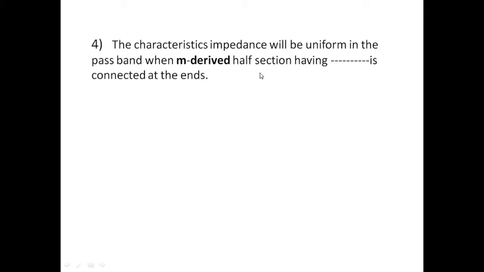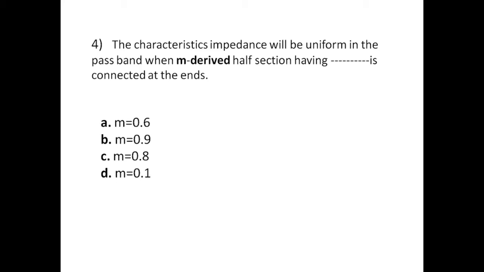For a low pass filter, first the inductor, then the capacitor and inductor arm will come. That's the half section. In that half section, what's the value of m? The options are m equal to 0.6, 0.9, 0.8, and 0.1.